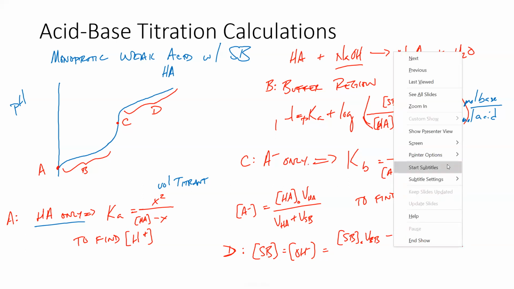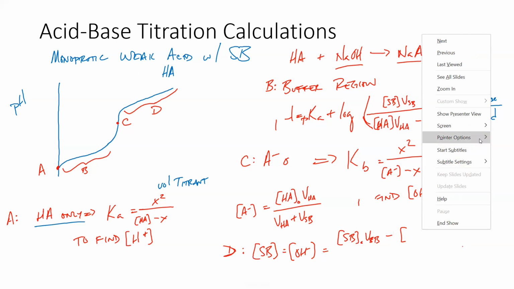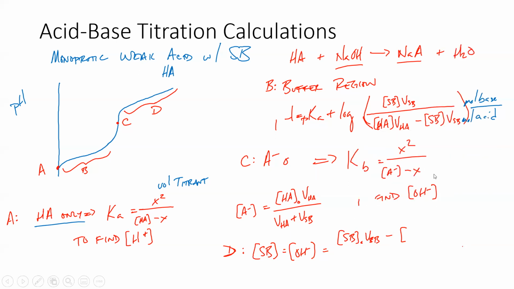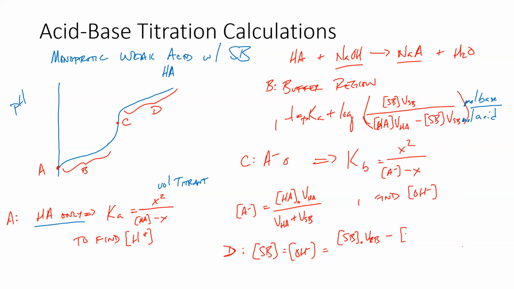Oops, I put an S instead of an H. Concentration of the acid times the volume of the weak acid divided by my new volume. And so that point looks exactly like point D in the previous slide.